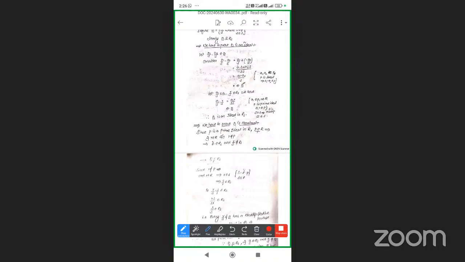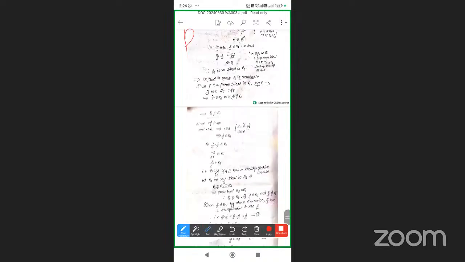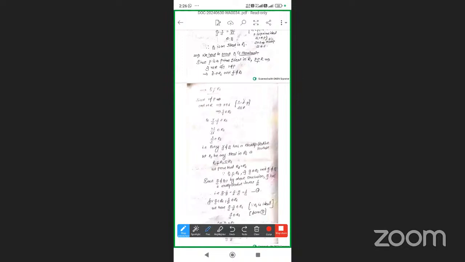So PS is an ideal in RS. Now we prove that PS is a maximal ideal.